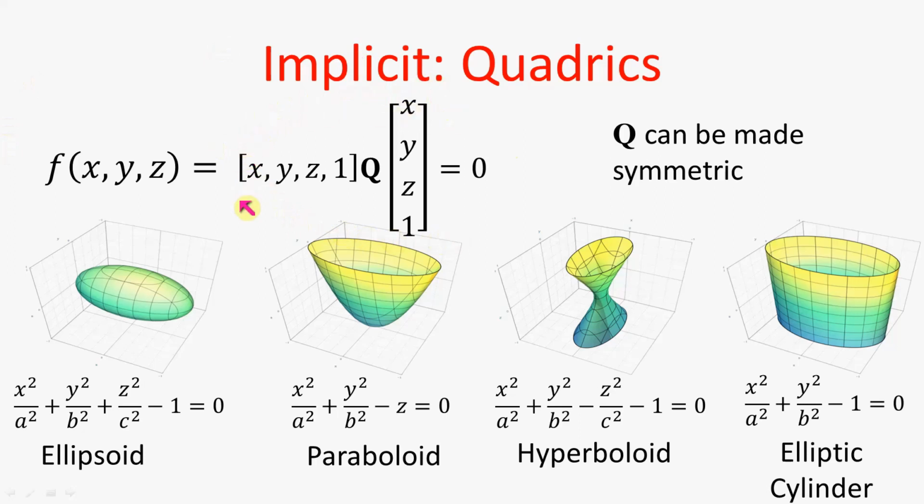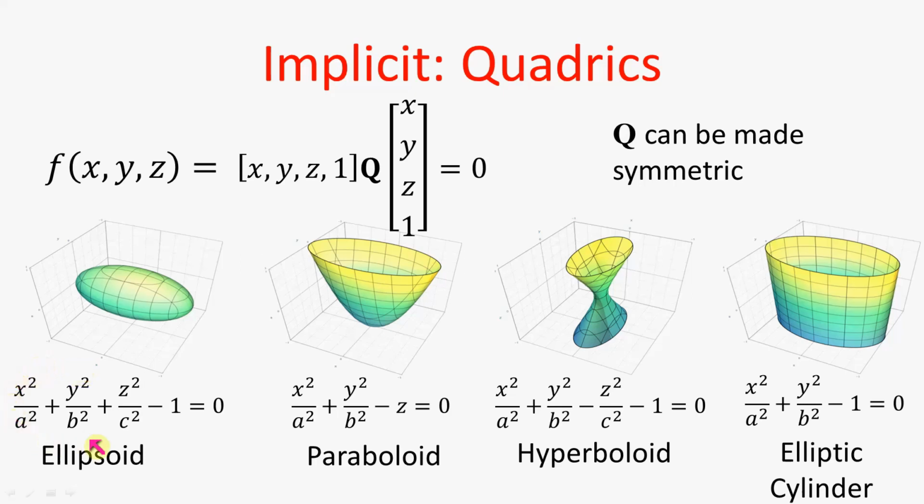This is very useful because if we implement operations on this general quadratic form, then these operations will be automatically applicable for an arbitrary ellipsoid, paraboloid, hyperboloid, cylinder, and so on. So we solve their problems at once with a single implementation.